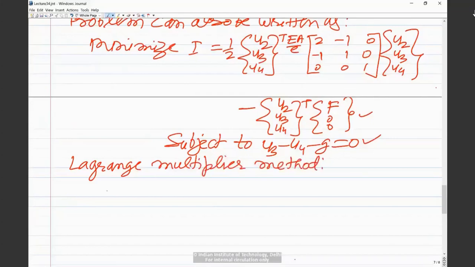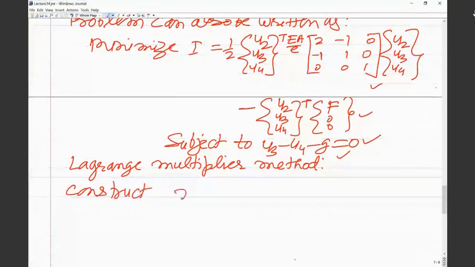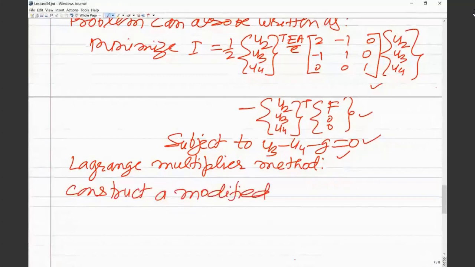Now in the Lagrange multiplier method, what we do is, right now we have to minimize this subject to this constraint. So we combine these two in a sort of modified total potential energy functional. So we construct a modified total potential energy functional.